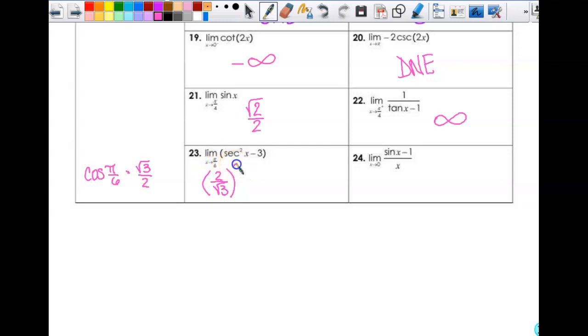That's secant, squared, minus 3. So that gives me 4/3 minus 3, which is not 1/3. That would be like 4/3 minus 9/3, so that would be negative 5/3. That's what you get as your exact answer there.